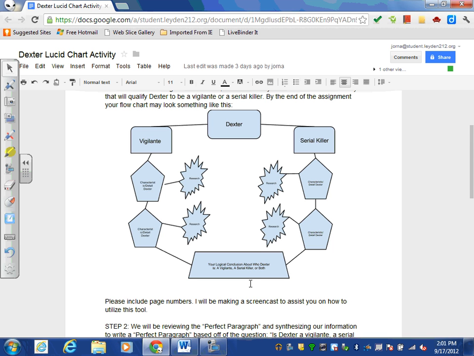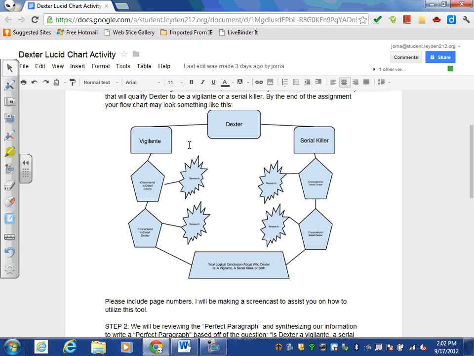Okay? What I want to show you guys today is how this particular paragraph, on a graphic organizer, can convert to a nice little paragraph for you. Now, what you guys are going to be doing today is picking a side or both. I think, personally, picking a side would be easy for you.